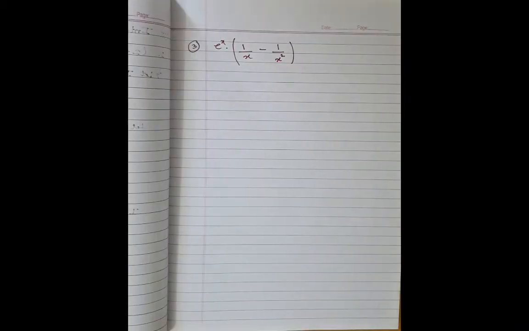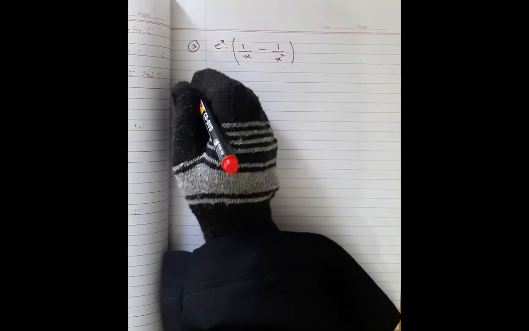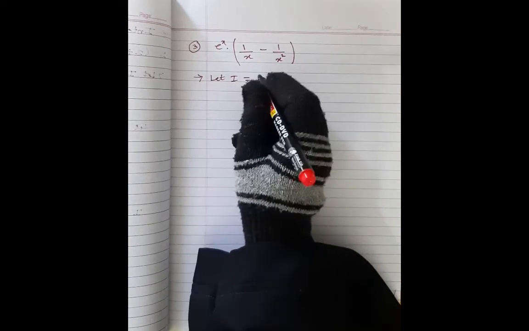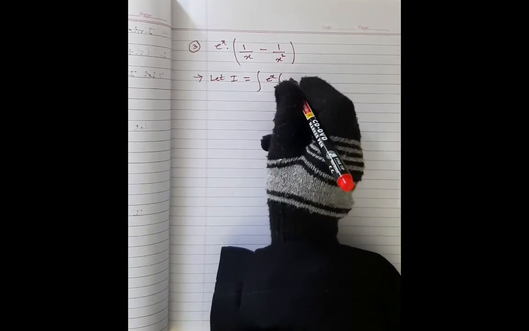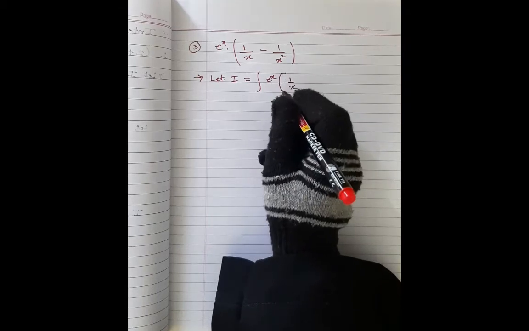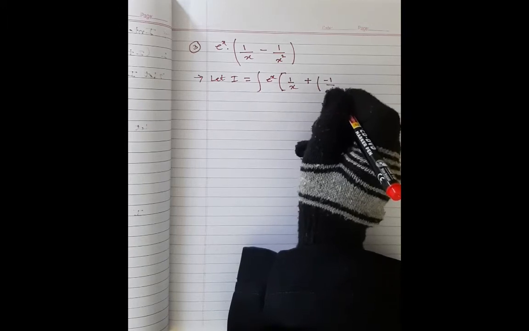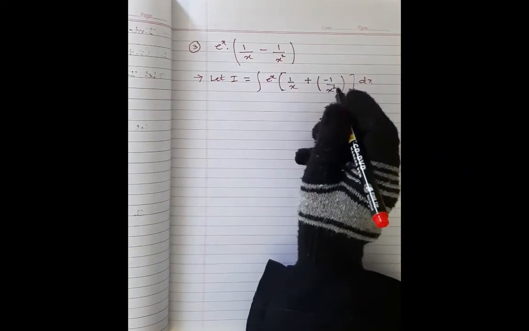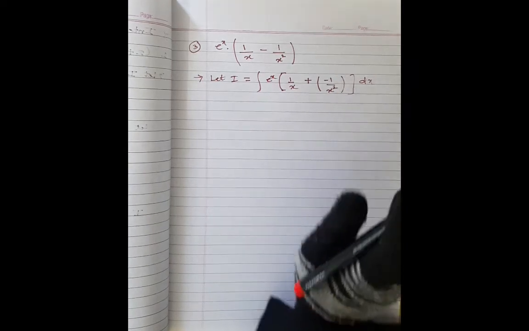Now the next question, number third one. Here it is given: e raised to x into (1 upon x minus 1 upon x square). Again, students, first consider the integration by capital letter I. I is equal to integration e raised to x into (1 upon x plus minus 1 upon x square) dx.